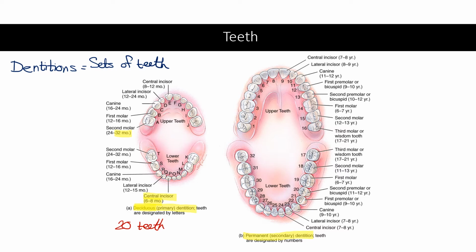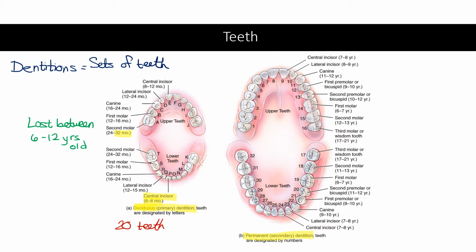Now, all of our deciduous teeth are lost. Generally, these are going to be lost between the ages of 6 to 12 years old. And all these teeth are going to be replaced with permanent teeth, or our adult teeth.